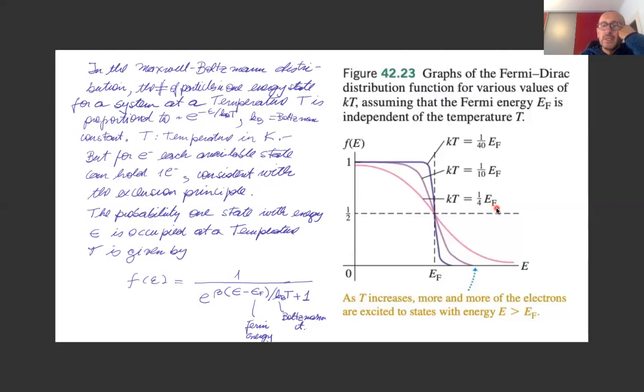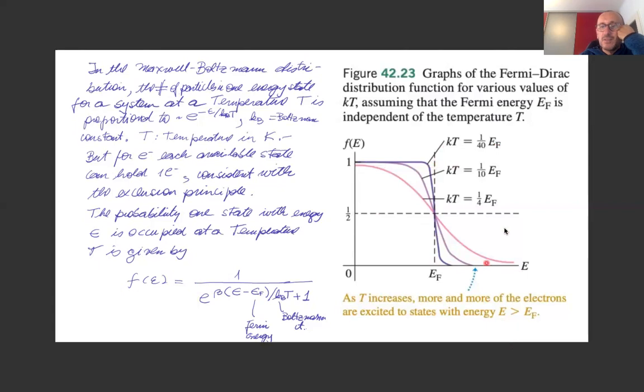When the temperature is very high, this starts to distance itself from 1. At T equal exactly 0, this is actually a square, a jump function, meaning it's 1 up to EF and it's 0 afterwards.